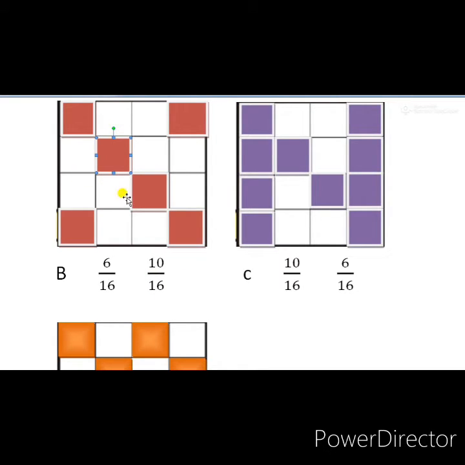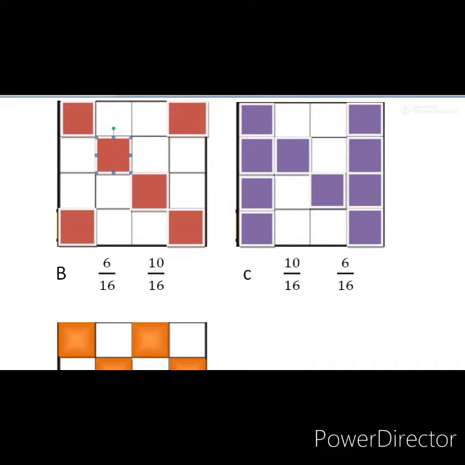So see the pattern I have selected here. Corner to corner, that means the middle 2 boxes and corner to corner boxes I colored and the other boxes I left uncolored. This is the first pattern I selected, and I wrote the fractions 6 upon 16 and 10 upon 16. 6 parts red color and 10 parts not colored, white.